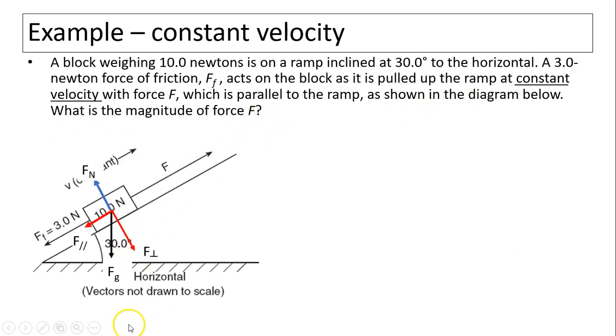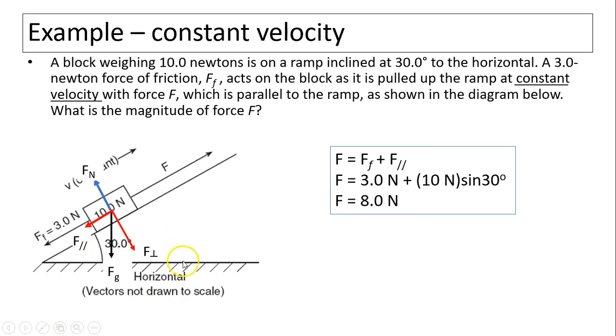Again, let's do the free body diagram. Besides the upward applied force and the frictional force, you also have normal force and gravity. Again, this gravity can be changed into F parallel and F perpendicular. Now, because the book is moving at a constant velocity, all the forces cancel out.